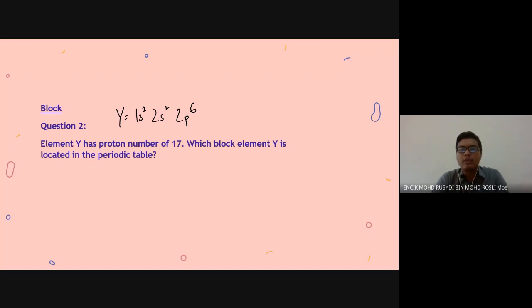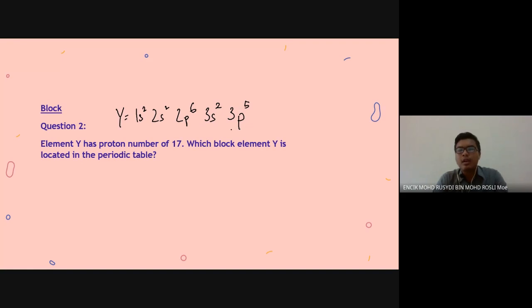So 2, 4, 10. Okay. And then 3s2, 3p. So kita dah ada 10, tinggal 7. So 7 tolak 2 tinggal 5. So ini adalah electronic configuration for element Y. 1s2, 2s2, 2p6, 3s2, 3p5.